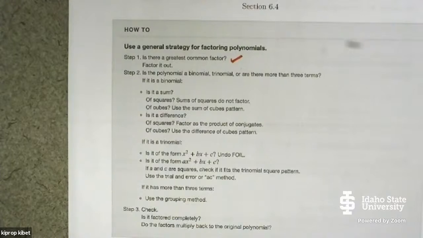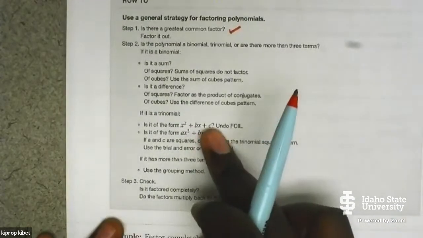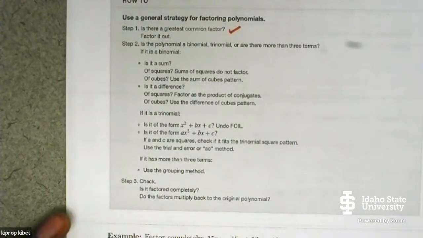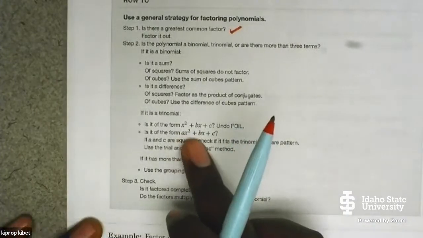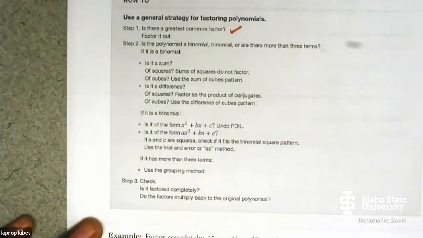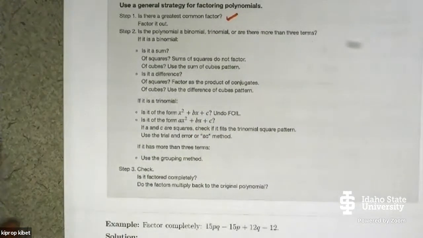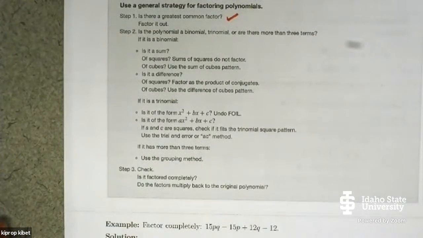If it is a trinomial, is it of the form x squared plus bx plus c, or of the form ax squared plus bx plus c? If a and c are squares, check if it fits the trinomial square patterns. Use the trial and error or AC method. If it has more than 3 terms, use the grouping method.